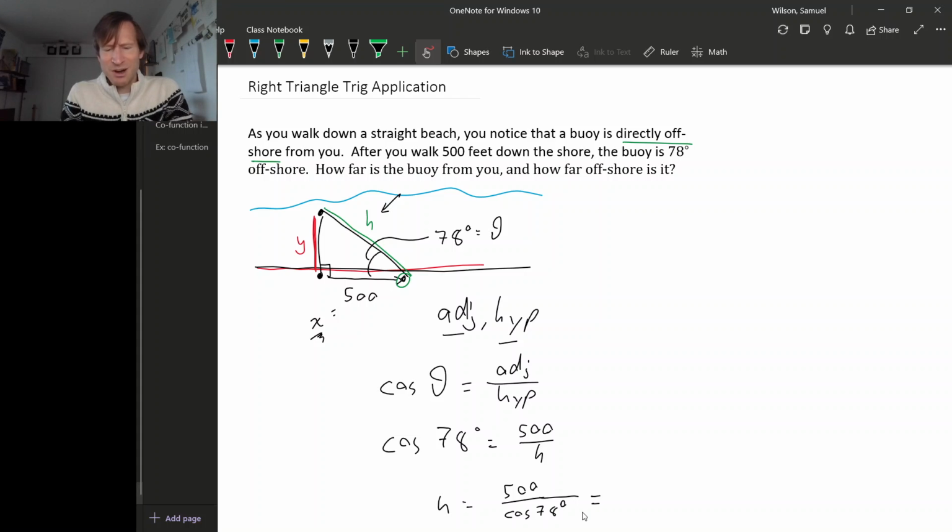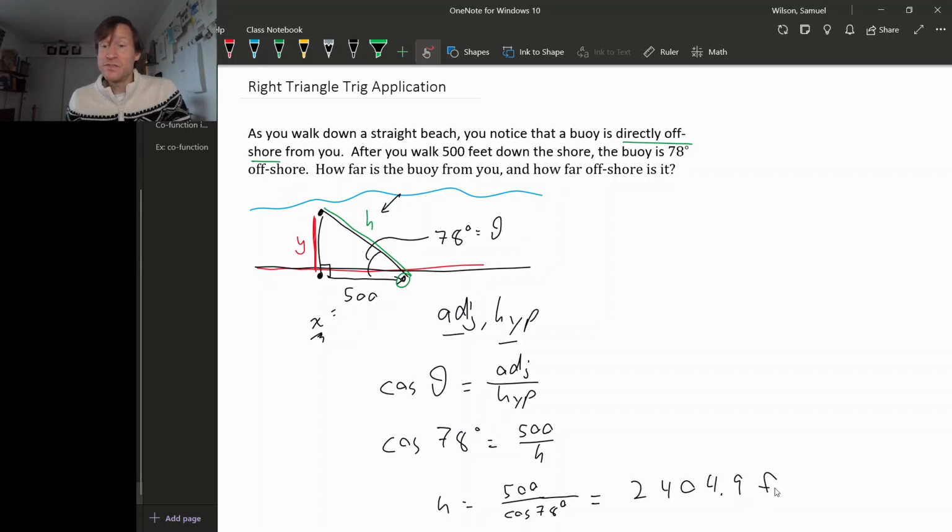78 degrees is not one of the nice angles, so we have to use a calculator to get a decimal approximation. Make sure I'm in degree mode here, then 500 divided by cosine of 78, and I get 2,404.9.